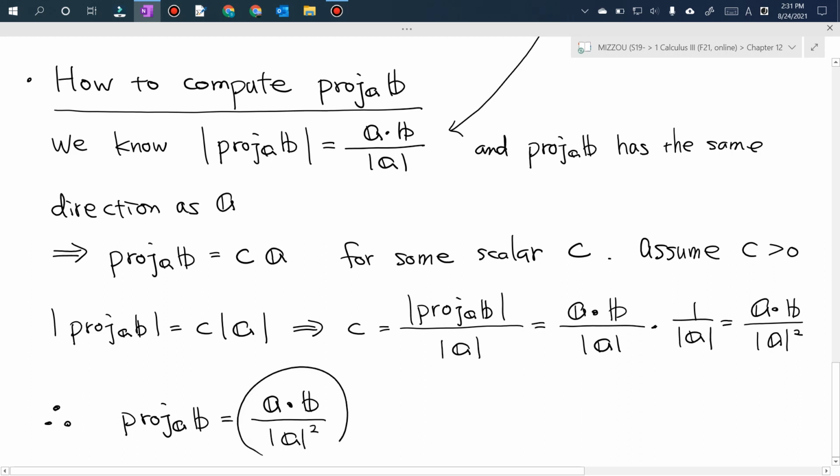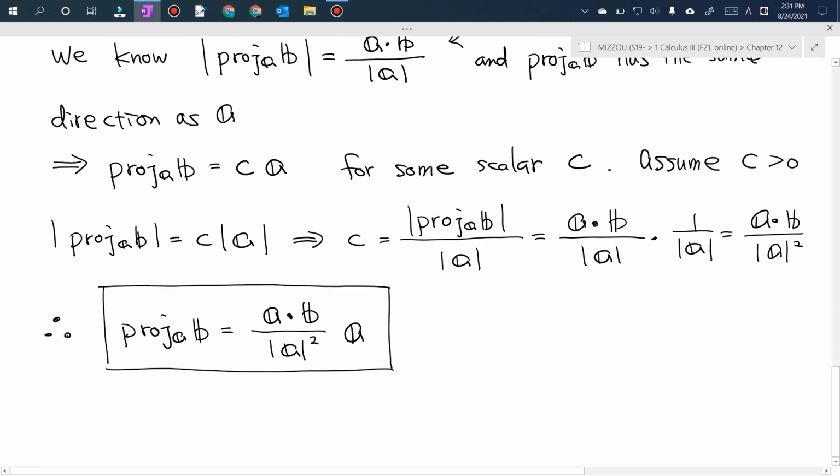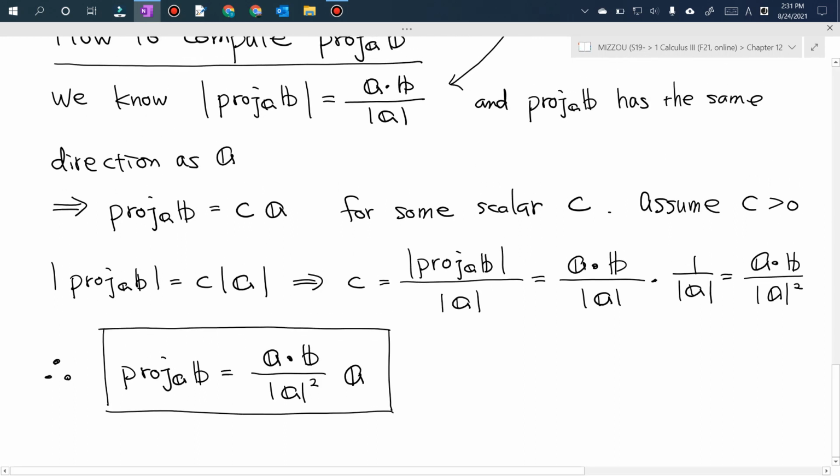That's a scalar; this entire thing is a scalar times A. And this is called a vector projection. By the way, it is your exercise to convince yourself that even if C is negative, the same argument essentially works.